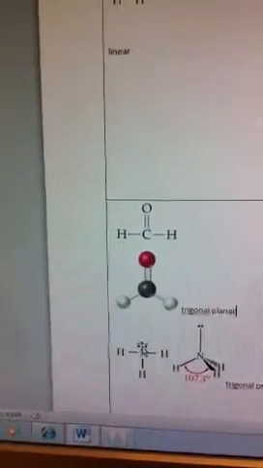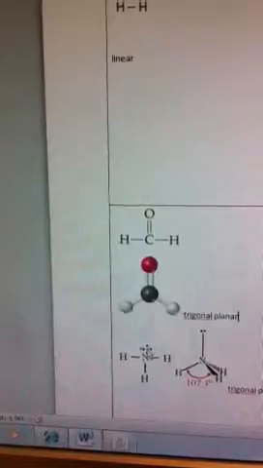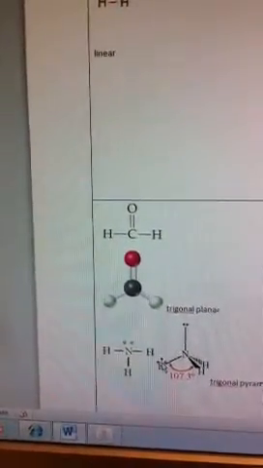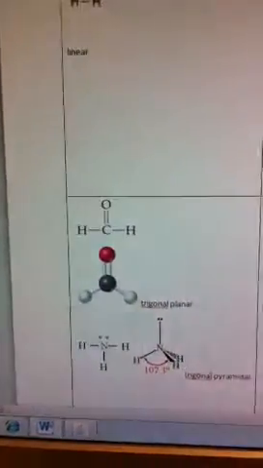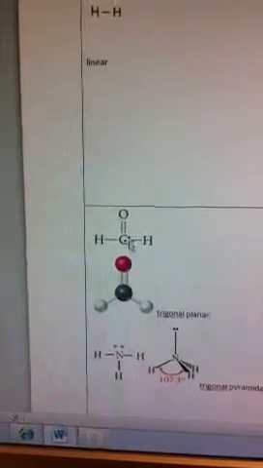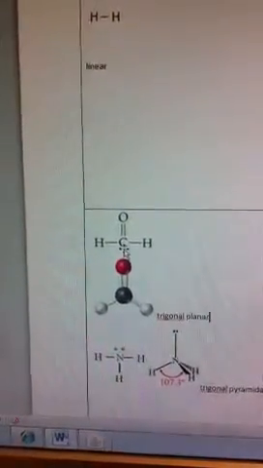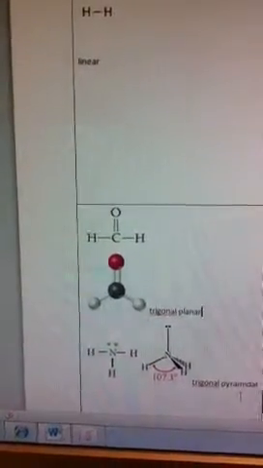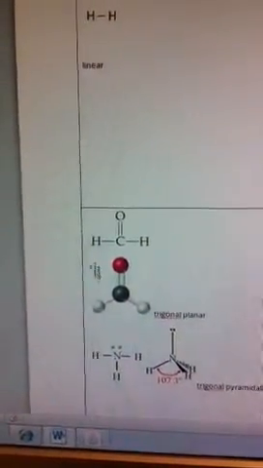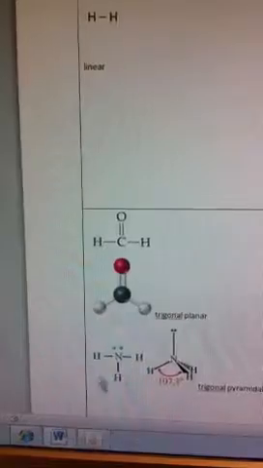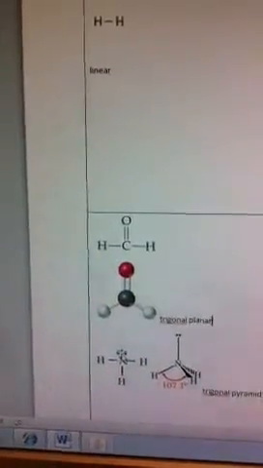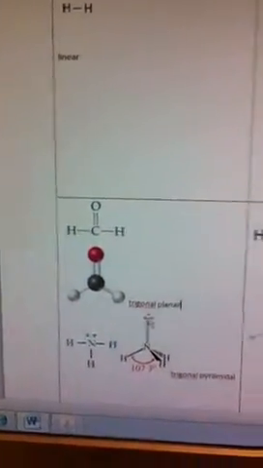If, however, you have lone electrons on the central atom, it's going to bend the bonds down and form a pyramid. So this is trigonal planar: 3 atoms, no electrons in the middle. Trigonal pyramid: 3 atoms on the outside and lone electrons in the middle.